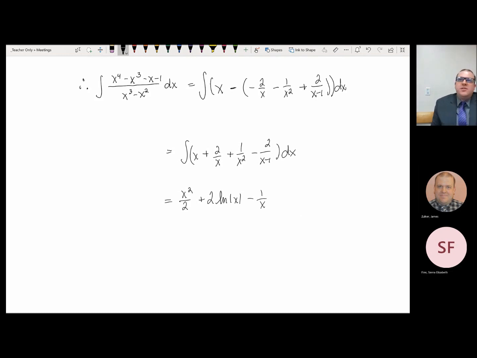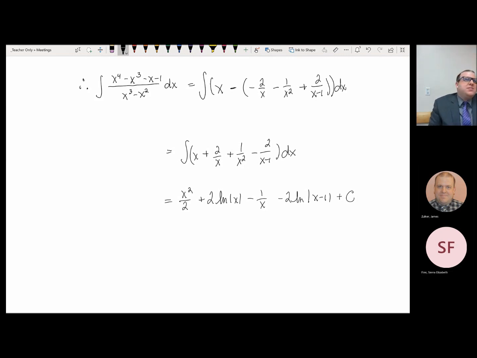Antiderivative of 2 over x minus 1: two times the natural log of the absolute value of x minus 1. And add your constant. There's our antiderivative.